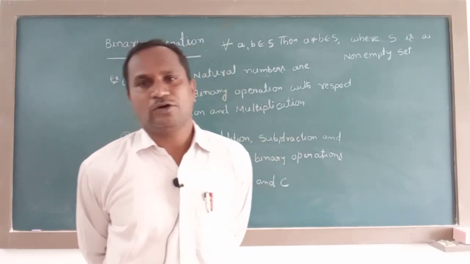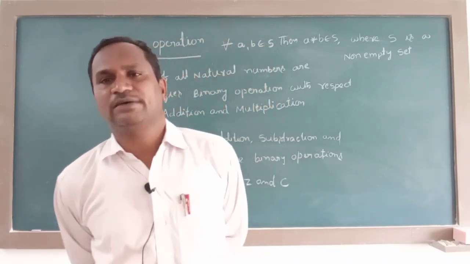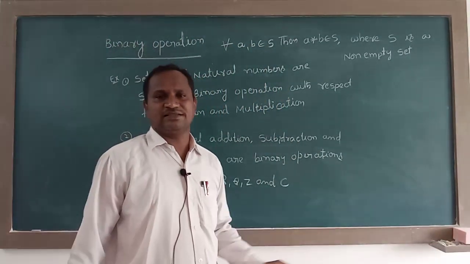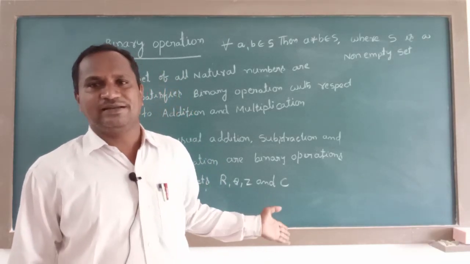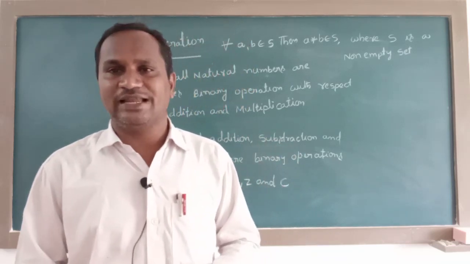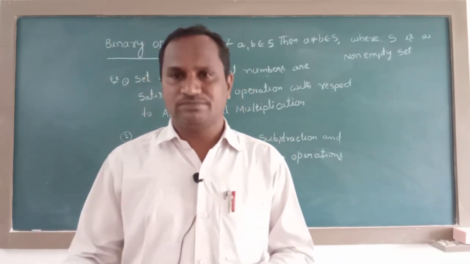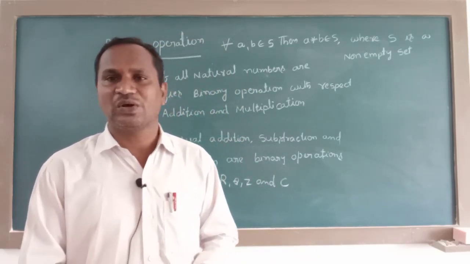The product of any two rational numbers is again a rational number. For that you can take some examples. Take a is equal to 10 and b is equal to 5. 10 plus 5, 15, also belongs to rational numbers.